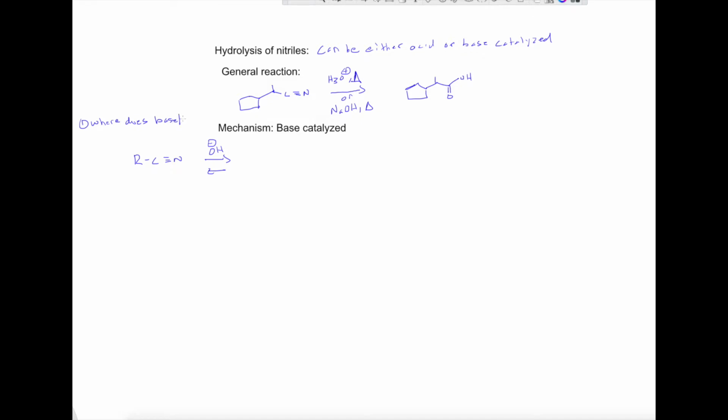Well, from the previous slides, we can say that it will attack at the carbonyl carbon, or the nitrile carbon in this case, due to that partial positive charge. So we're going to kick this guy over, and we're going to get our first intermediate, which again is going to be our imine anion.